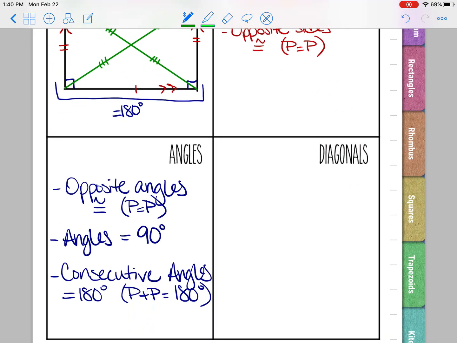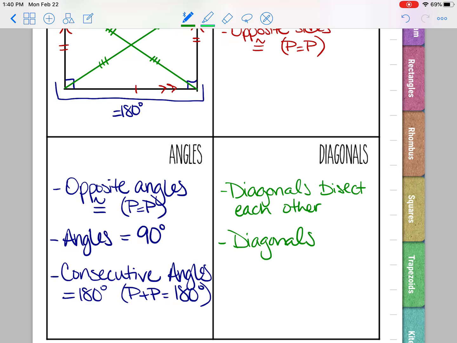Okay, so let's jot down those characteristics. The diagonals bisect each other. Our passed down characteristic, and the diagonals are congruent. Which means if they're congruent, we would set up part equals part.